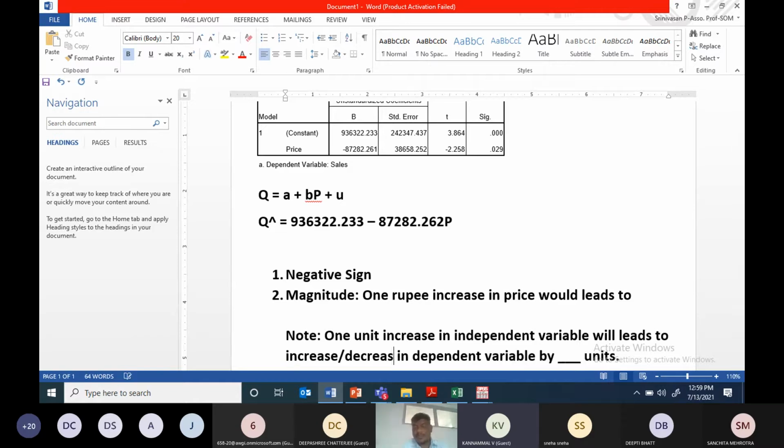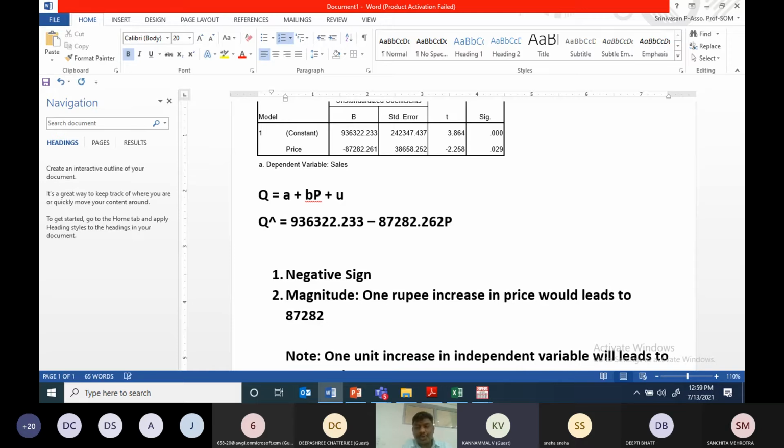Decrease. Now you tell me: 1 rupee increase in price would lead to how much decrease? 87,282 units decrease in pizzas. Beautiful. That is the dependent variable.